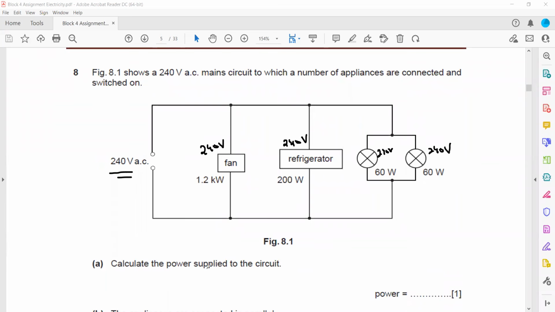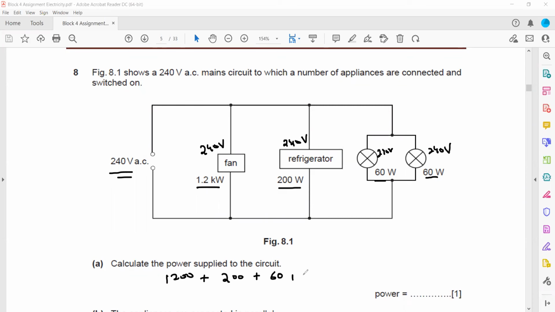Then the question is, calculate the power supplied to the circuit. To know the power supplied to the circuit, we will just add them. This one is 1.2 kilowatts. The power for the refrigerator is 200 watts. For the lamp, each lamp is 60 watts. So what is the total power? 1.2 kilowatts means 1200, plus the power of the refrigerator, which is 200, plus the power of each lamp.